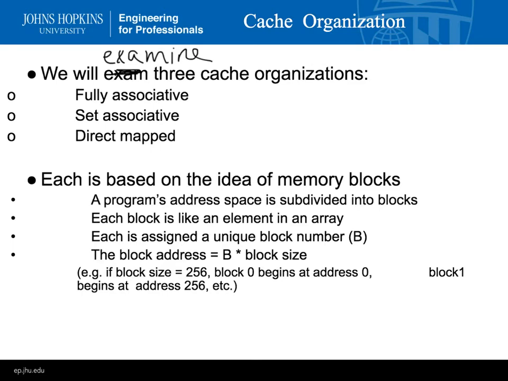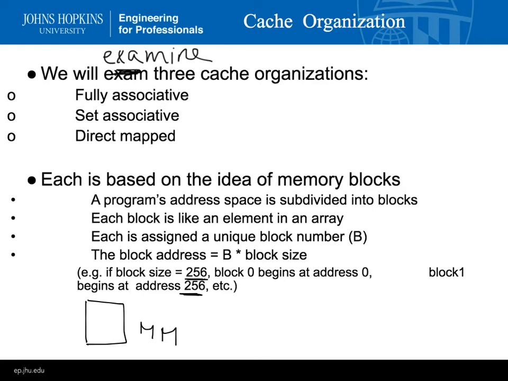So again, we've talked about the 3 cache organizations that we're going to examine. And the idea is that there's a block number. So we have main memory. And if a block size is 256 bytes, we say block 0 begins at address 0. Block 1 begins at address 256.